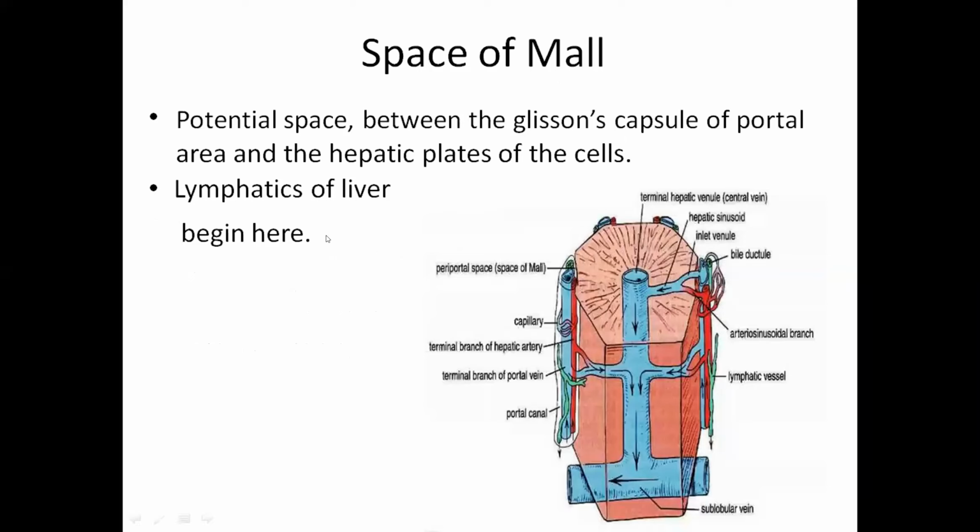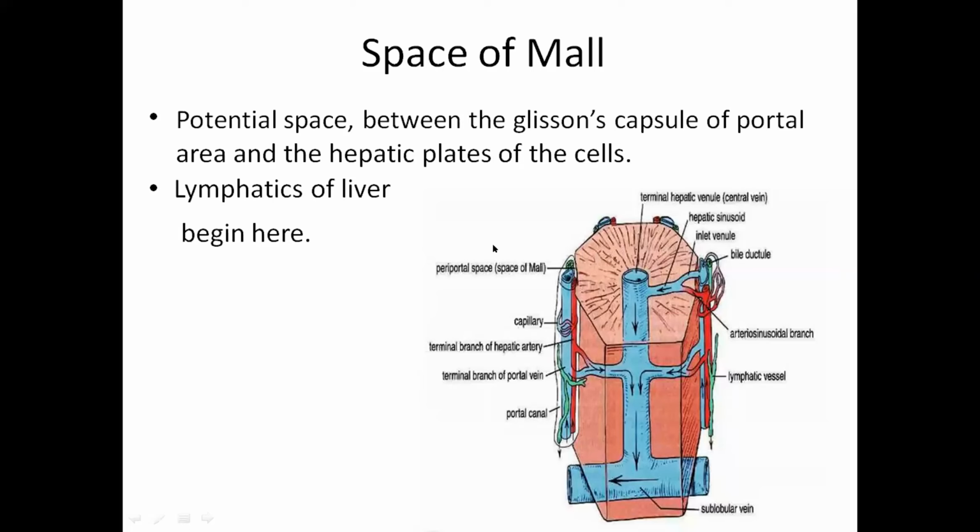So another space is the space of Mall, between the Glisson's capsule of the portal area and the hepatic plates of the liver cells.